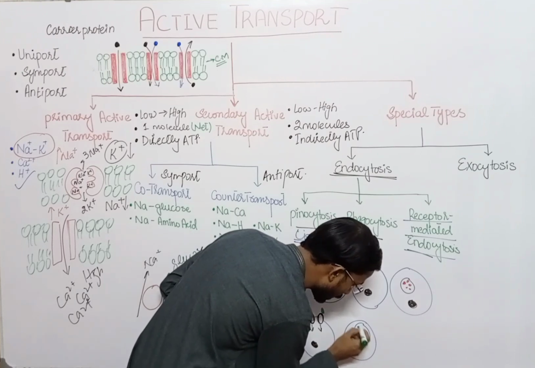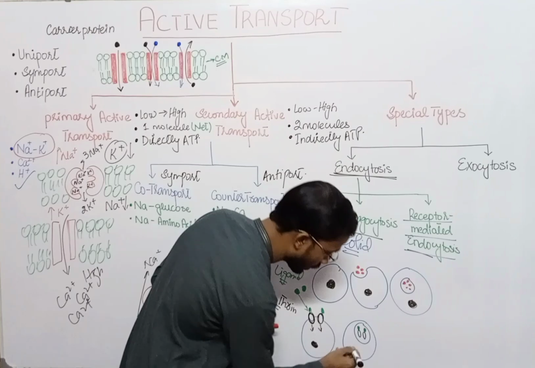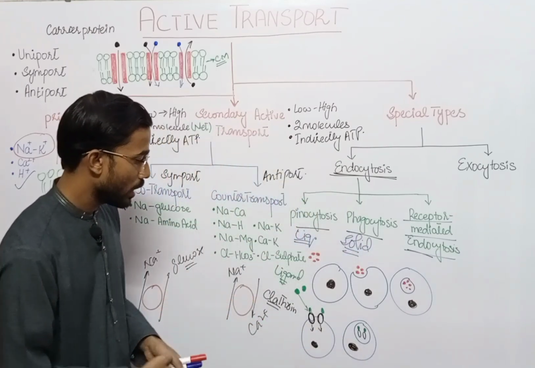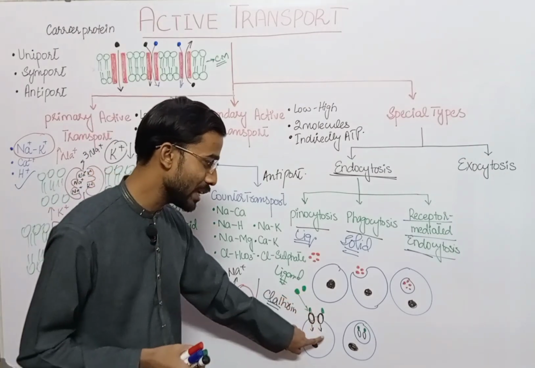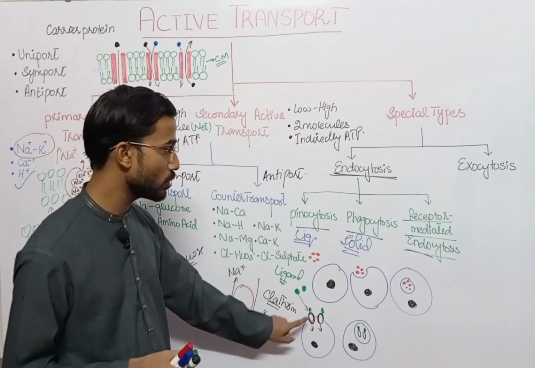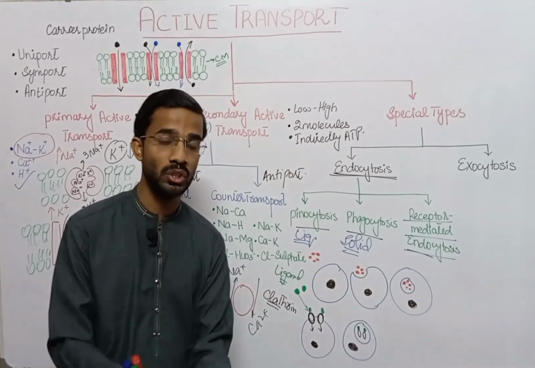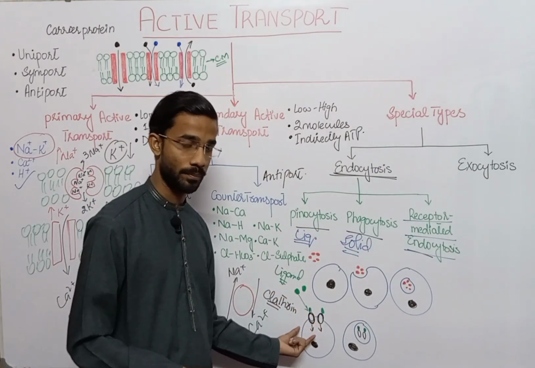Here are ligands which are attached to these receptors, and here is the nucleus. So now the ligands or the substances move inward through the receptor. On the basis of this, we call it receptor mediated endocytosis, endocytosis which happens with the help of a receptor.